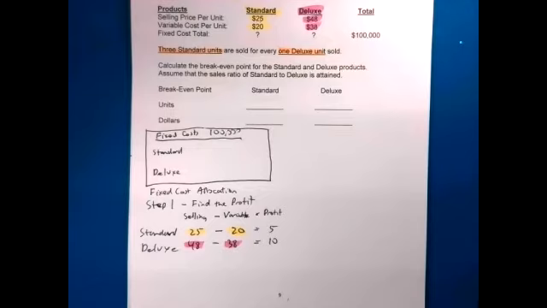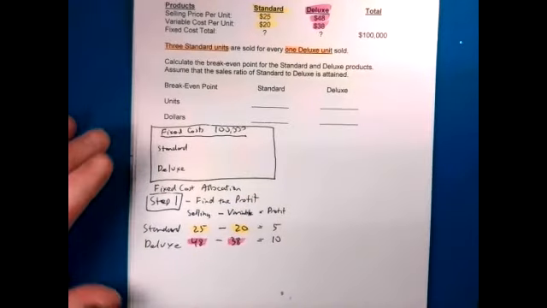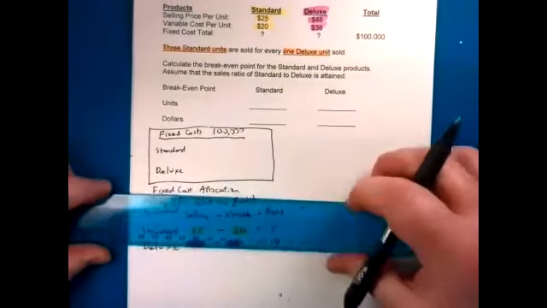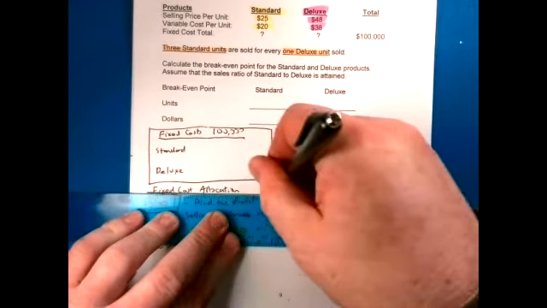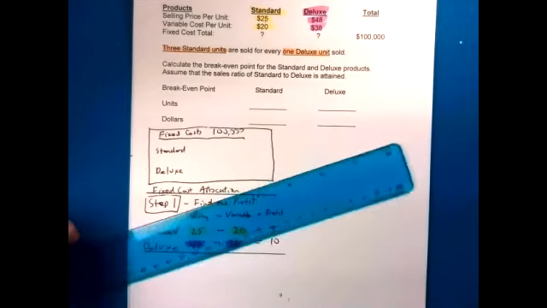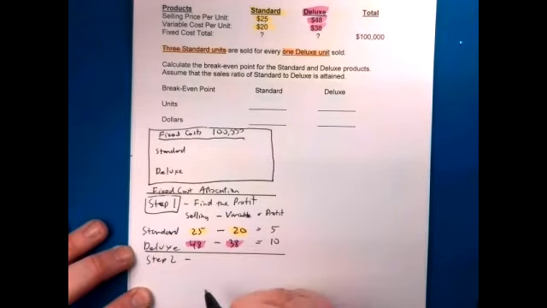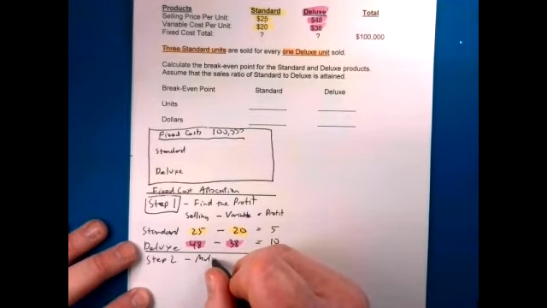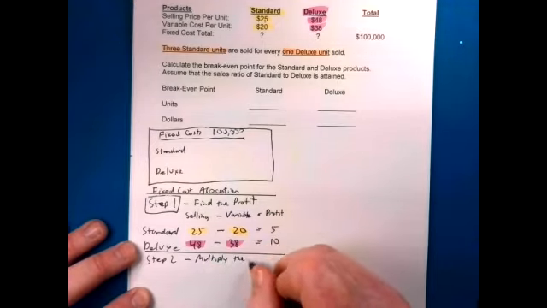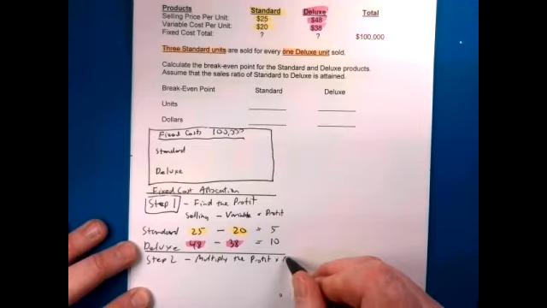Okay, so that's step 1. Step 2 is multiply the profit times the mix.